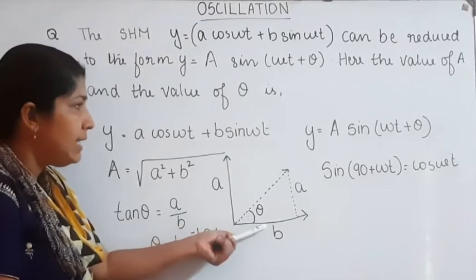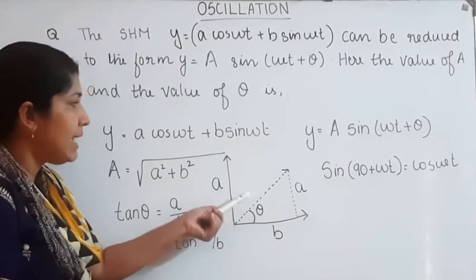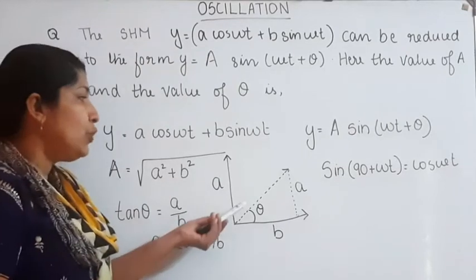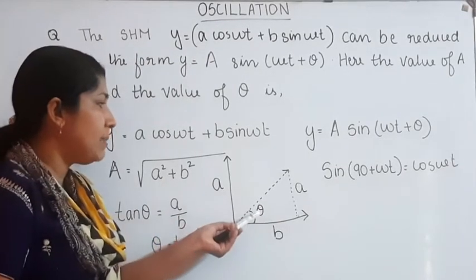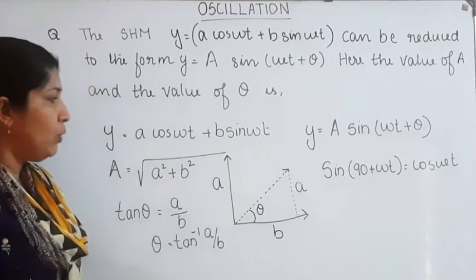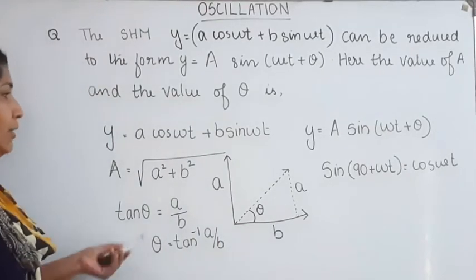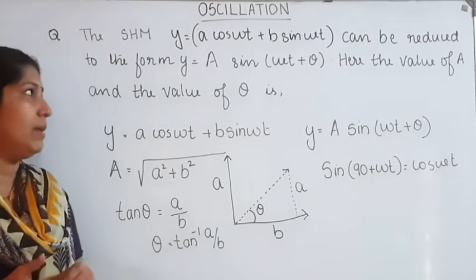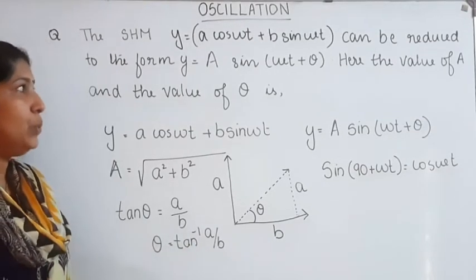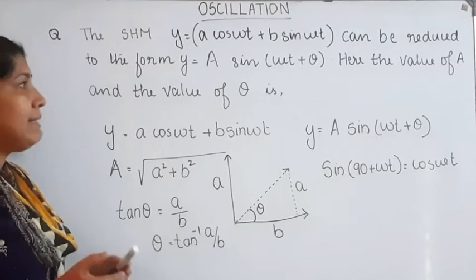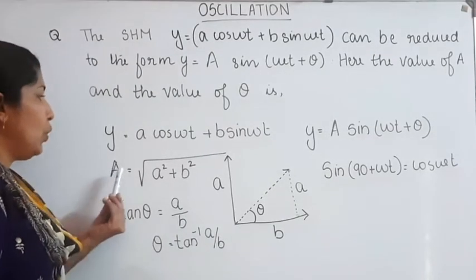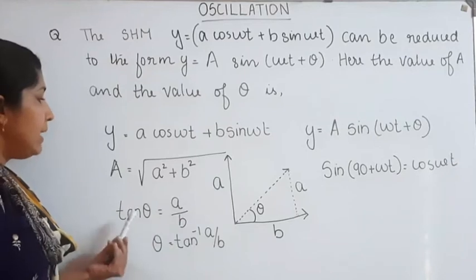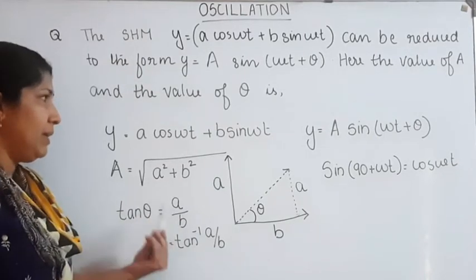To find the initial phase angle theta, tan theta is equal to a by b, then theta is equal to tan inverse a by b. The resultant amplitude A is equal to root of a square plus b square, and tan theta is equal to a by b.